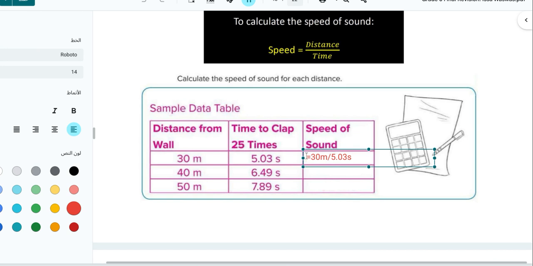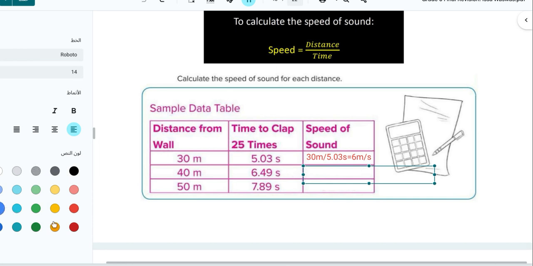We can round 5.03 to 5, and that makes it easier. 30 divided by 5 is 6. So it is equal to 6 meters per second, because we don't want any naked numbers. We need to make sure we put our units in there. Okay, let's look at the next one.